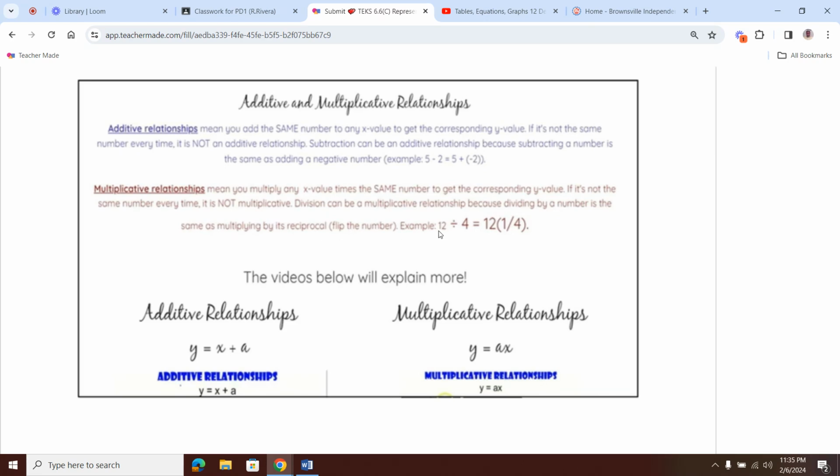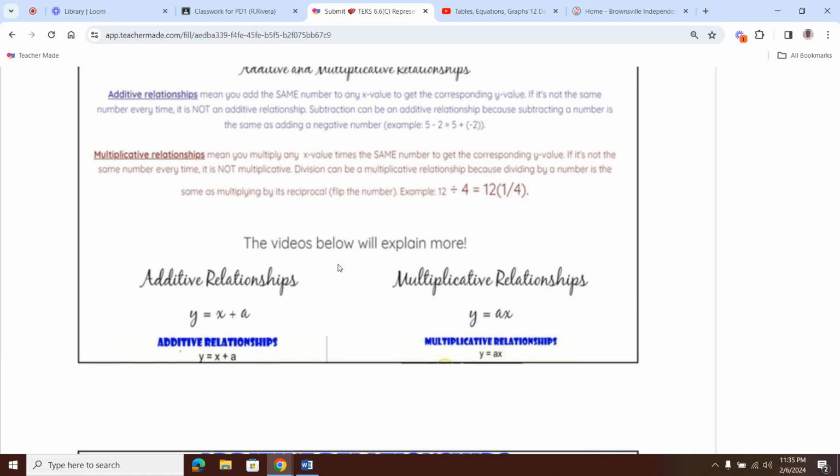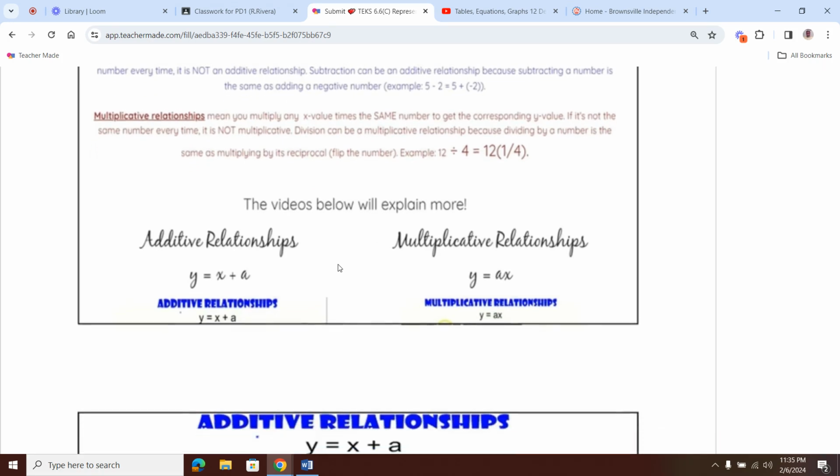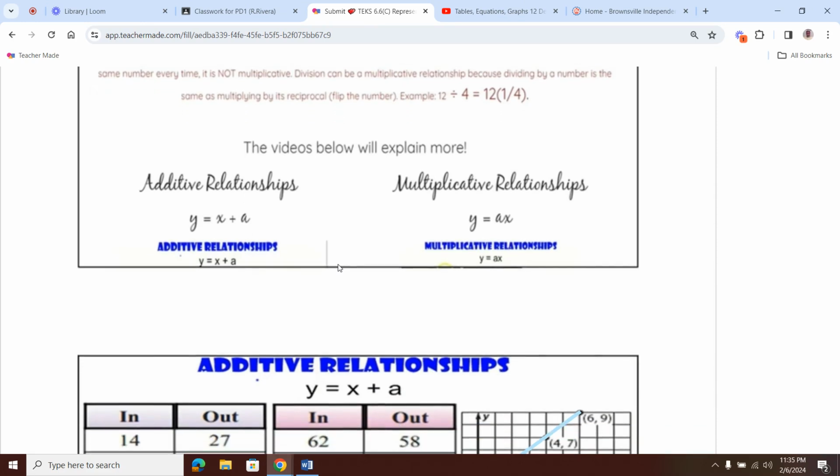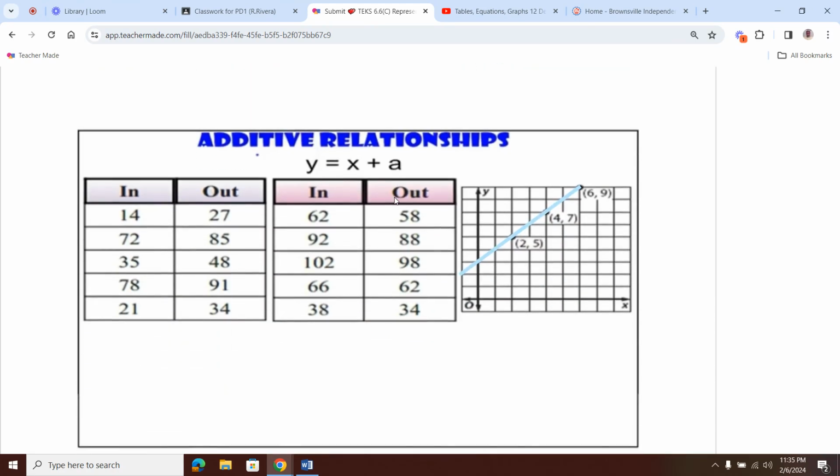For example, 12 divided by 4 is the same thing as 12 times 1/4. So here's an example of additive, here's an example of multiplicative.